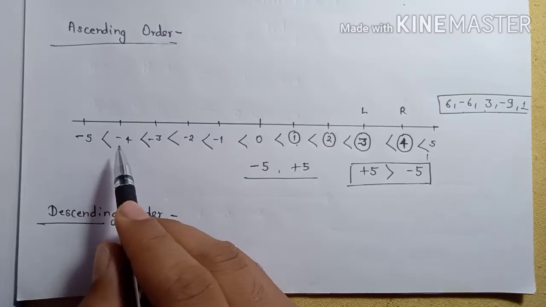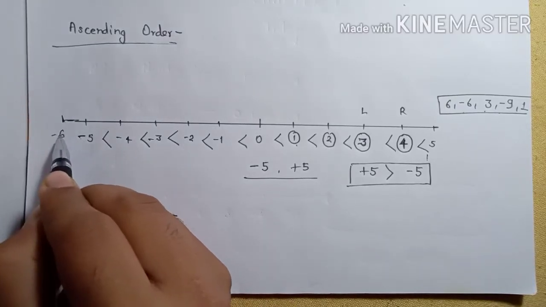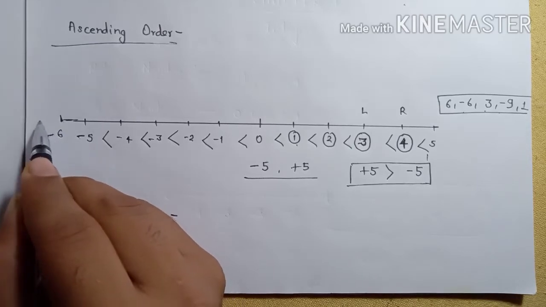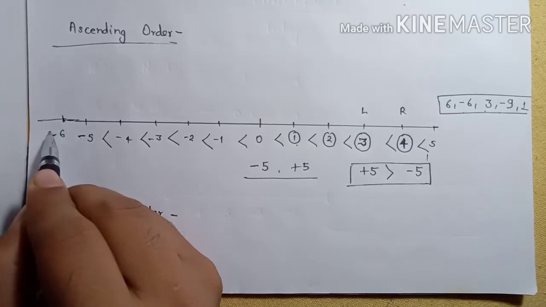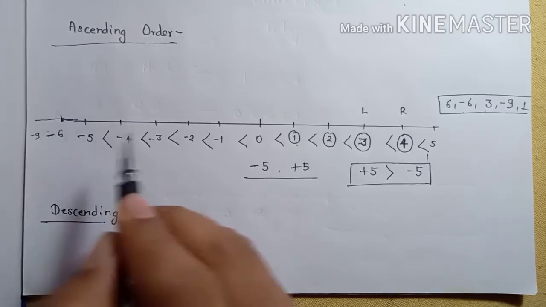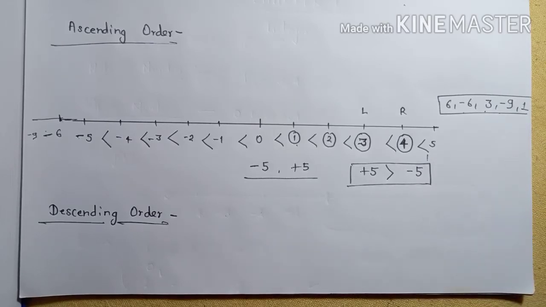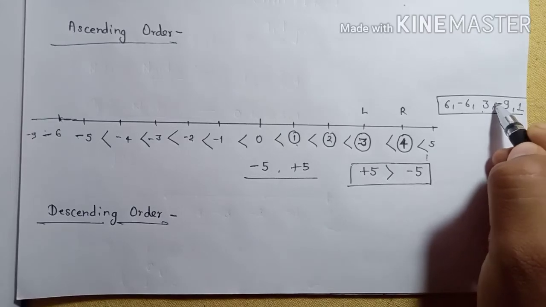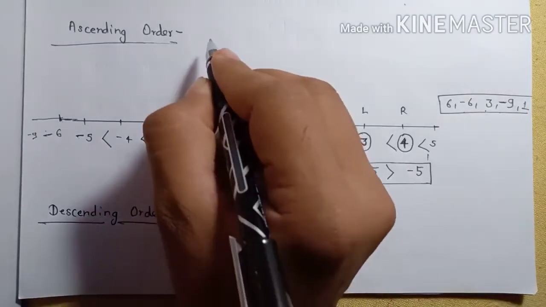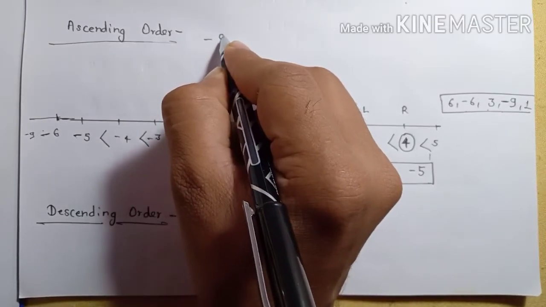If you compare here, minus 6 is somewhere here, then minus 7, then minus 8, then minus 9. So here minus 9 is the number which lies on the left hand side of all the numbers. This means that minus 9 is the smallest number. So you have to write here, ascending means from smaller to greater.